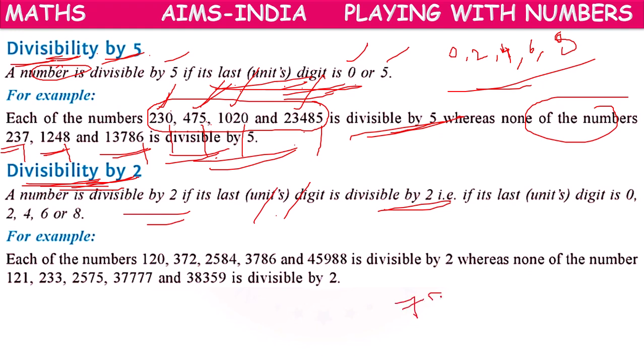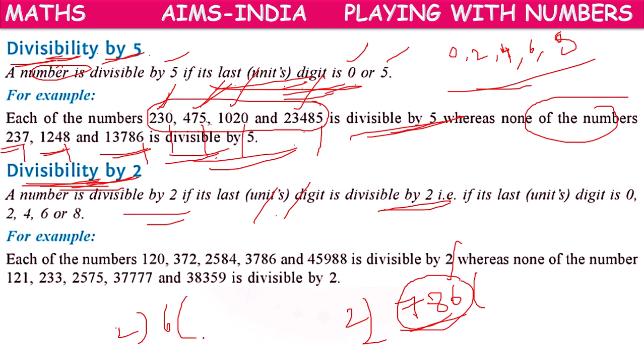Suppose 786 is there. We want to check whether it is divisible by 2 or not. No need to check the total number. In the units place we have 6. Just check that units place digit. 2 threes are 6, so the digit in the units place is divided completely, so the number will also be divided by 2 completely.